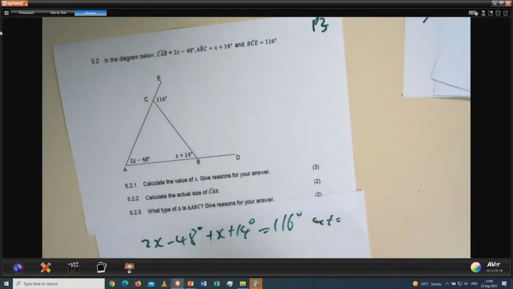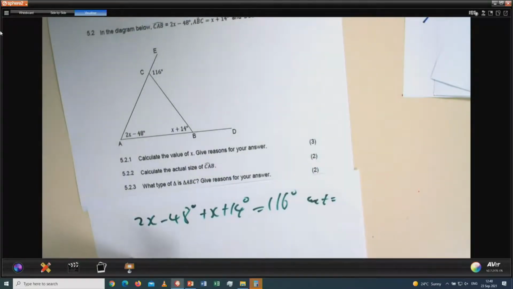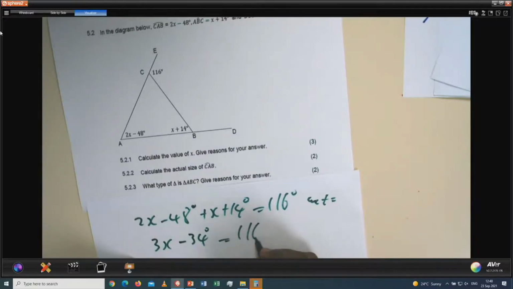And then we get our mark of 2. Apply your mathematical skills now. 2x plus x, 3x. Minus 48 plus 14 is minus 34 degrees, equals 116 degrees.